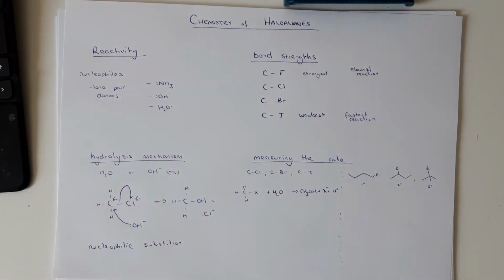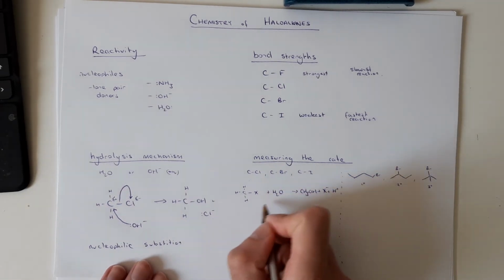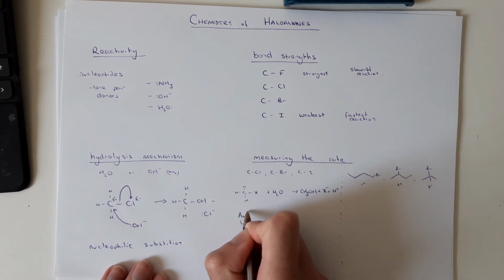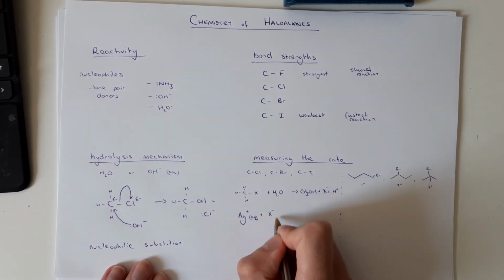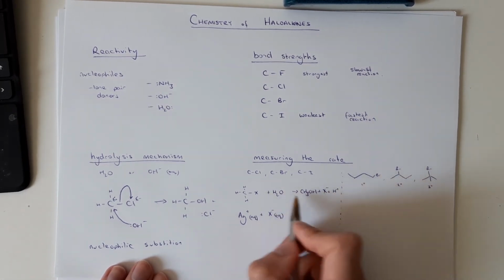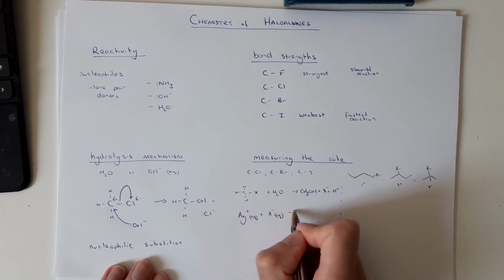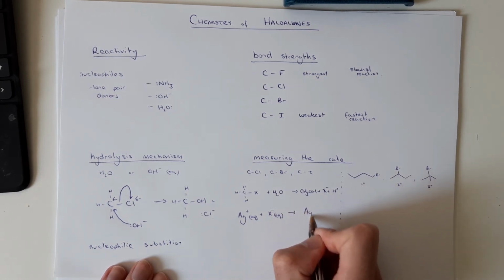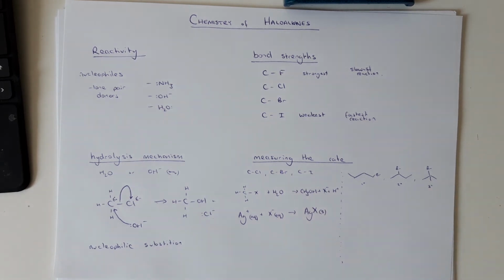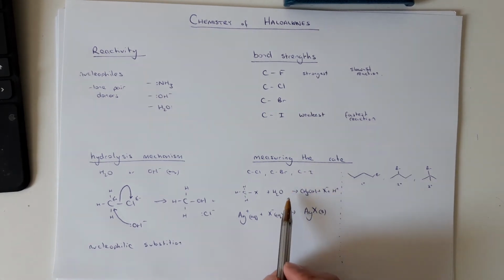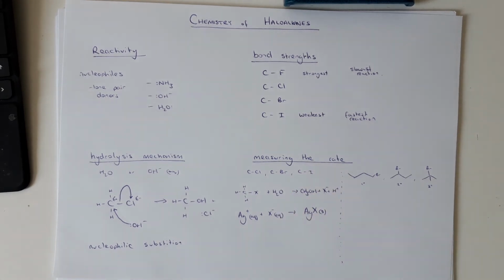So what we can do is add silver ions to this original mixture. They're aqueous as well, so we can't see them, but as X minus, which was aqueous, gets formed from this reaction, it reacts with the silver and forms AgX, which is solid. So we'll see that appear as a precipitate. We can measure how fast this reaction is by how fast the silver halide gets produced.